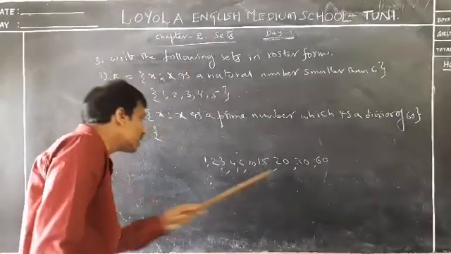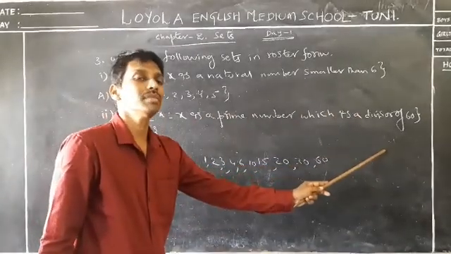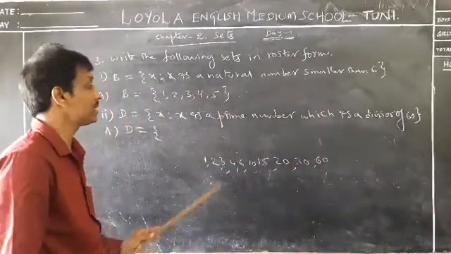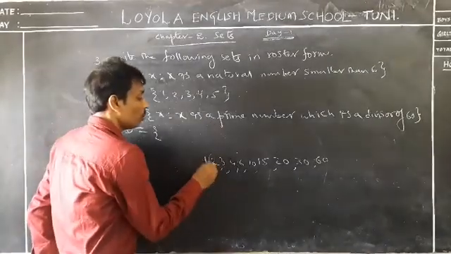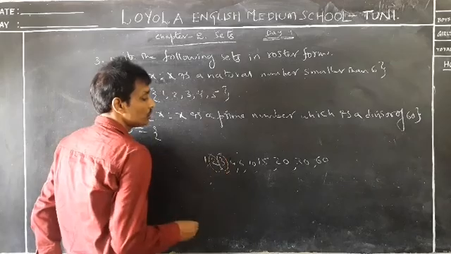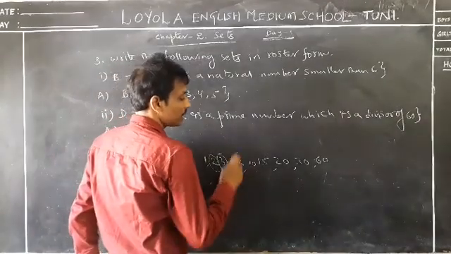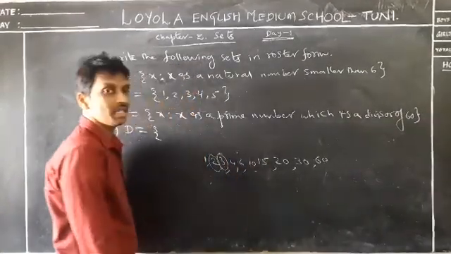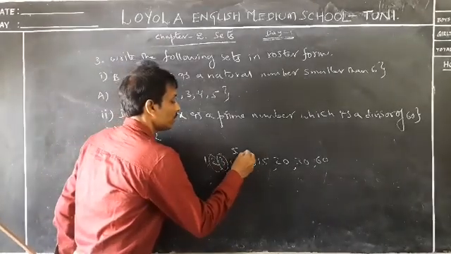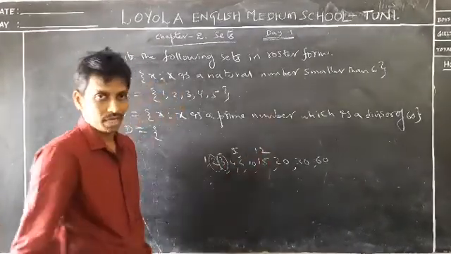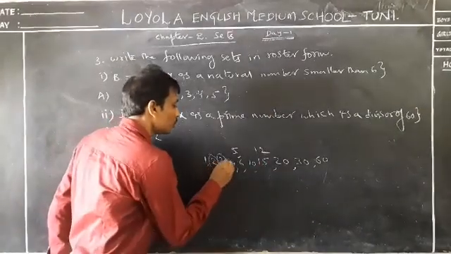These are all the divisors of 60. Among these divisors, we are asking to write only the prime numbers. Of course, 5 times 12 is also 60. So 2, 3, 5.